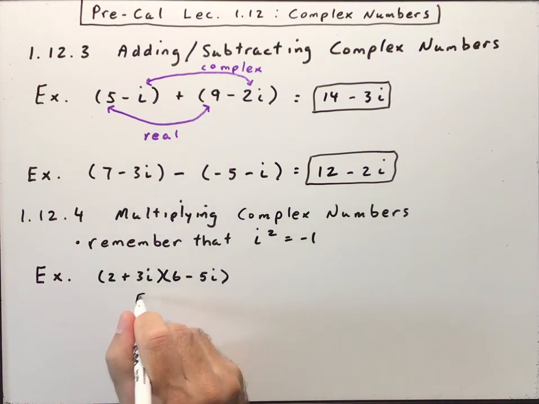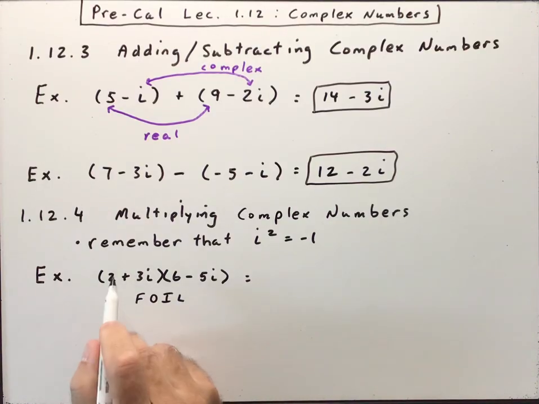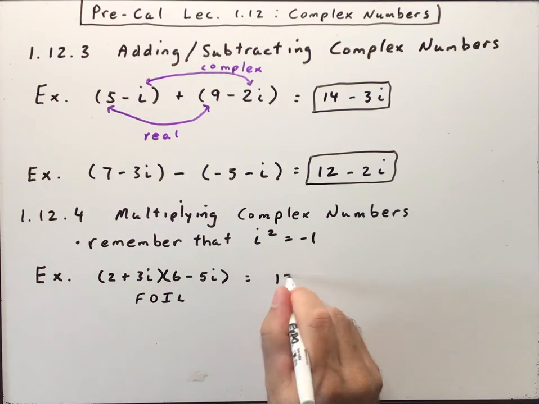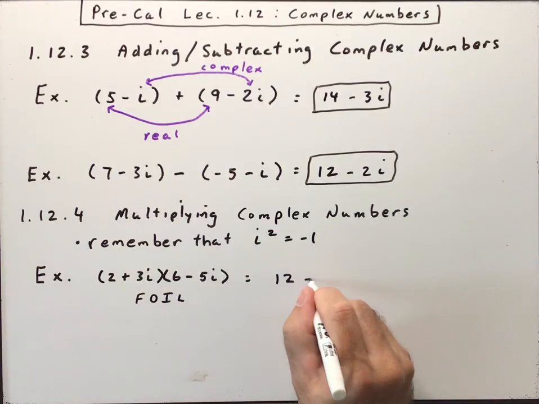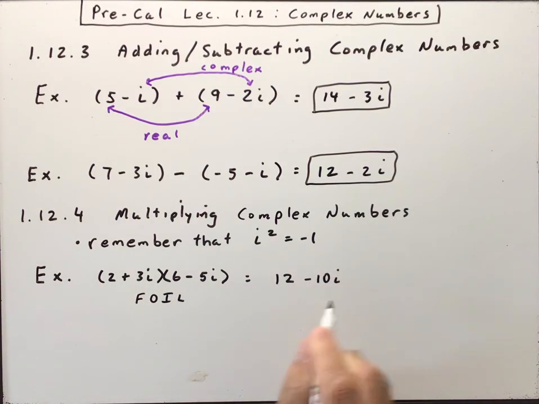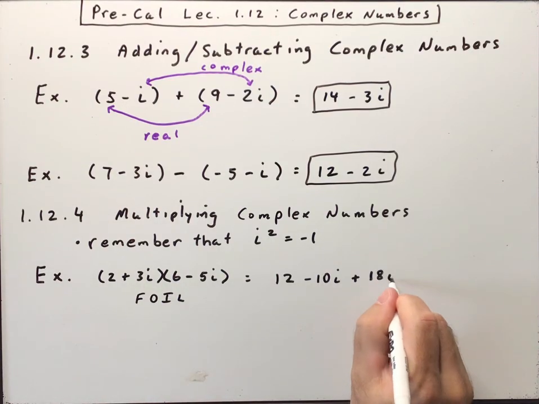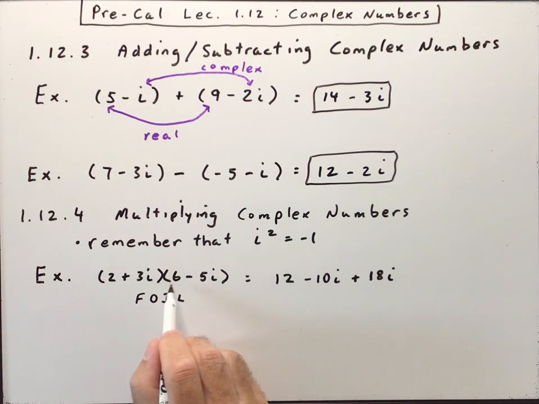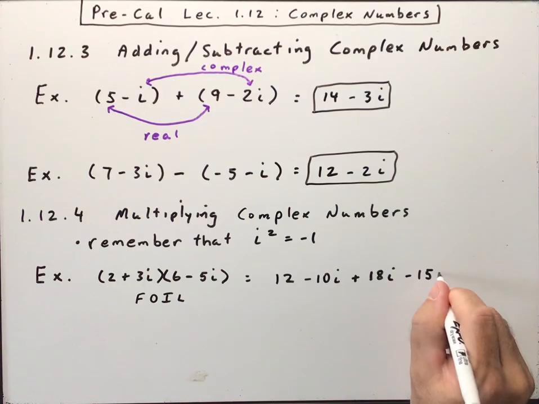So all we're going to do here is FOIL it. So I'd have 2 times 6 is 12, and then I have 2 times -5, so minus 10i. That's the outside. The inside would be plus 18i, 3i times 6. And then the last one is 3i times -5i, so that would be minus 15i squared.